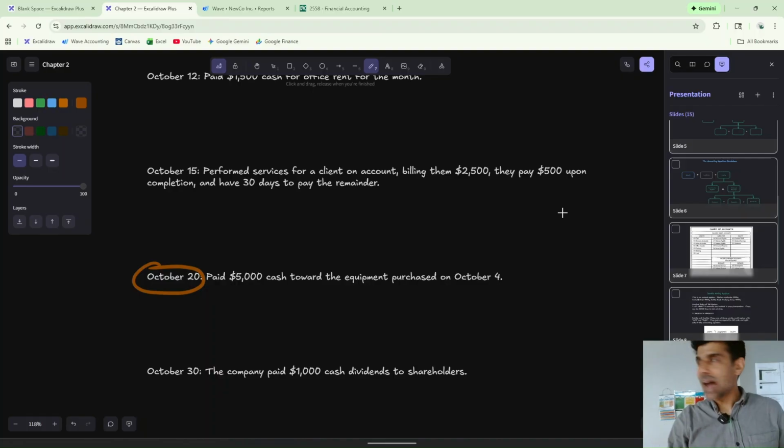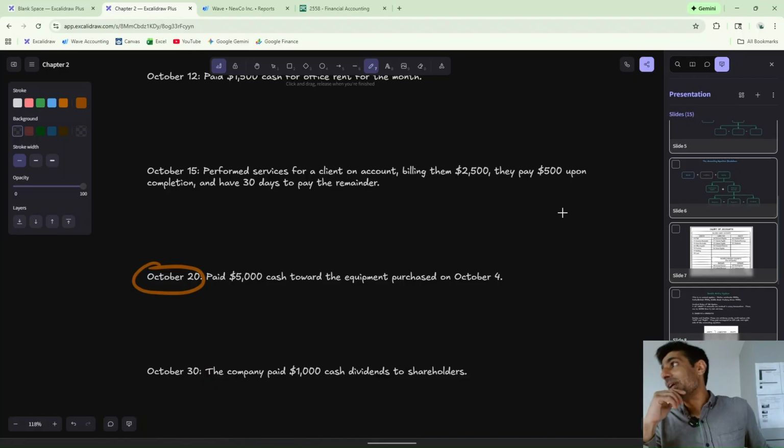Okay. So is cash going up or down? Down, right? That cash is leaving our business. We're paying off this payable. So is that a debit or a credit? Good. Yes, cash is going to get credited. So we know that we're going to debit something. Does it make sense to debit accounts payable?